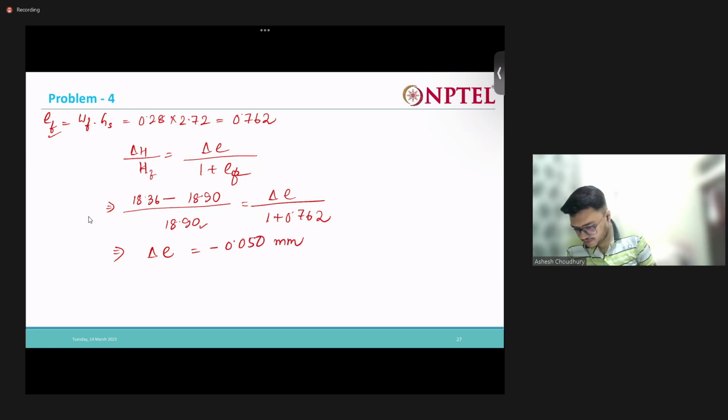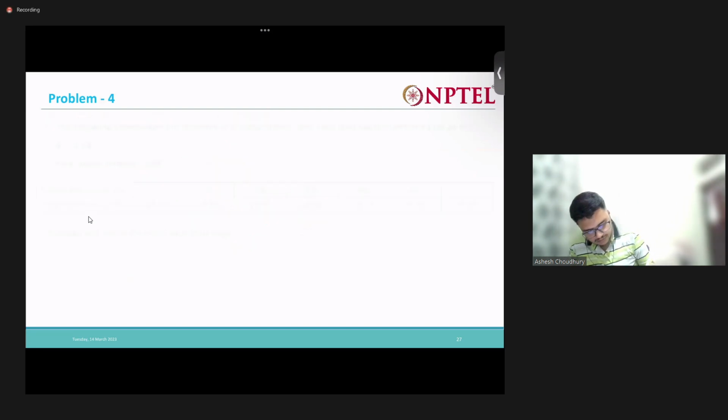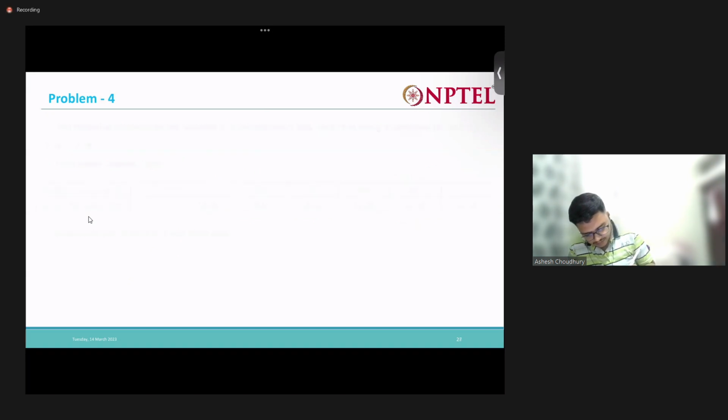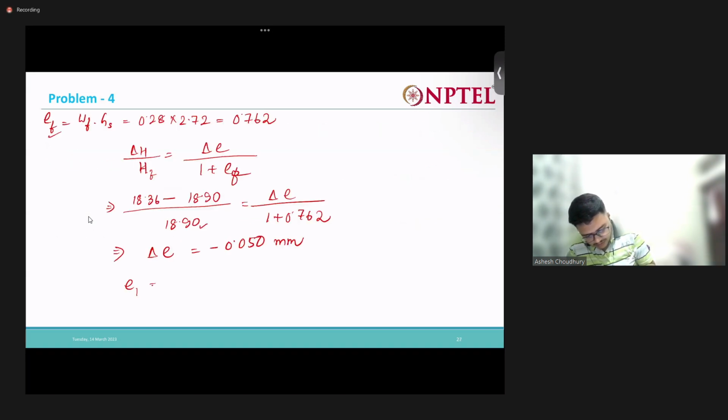Okay, so what will be my e, means what will be my void ratio at this stage? e1 will be ef minus delta e, 0.762 minus 0.050, actually 0.712.